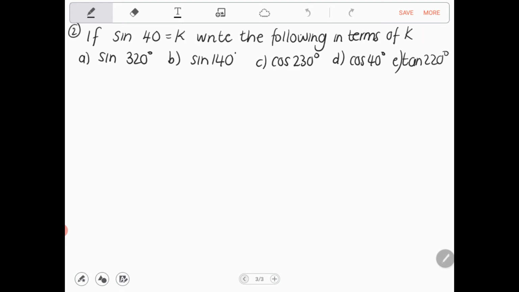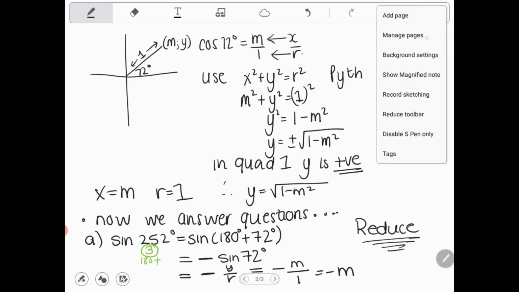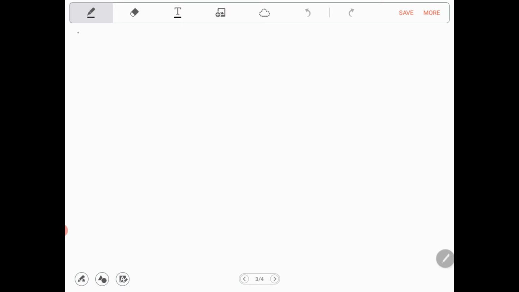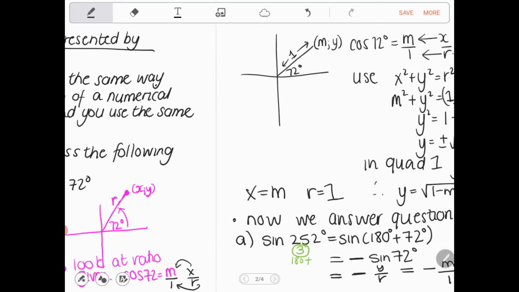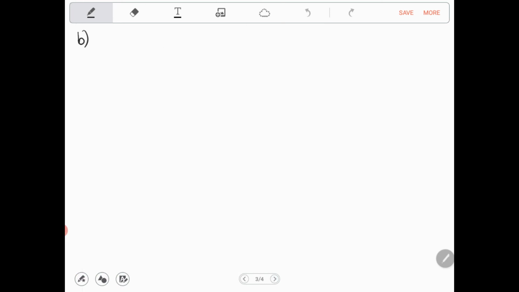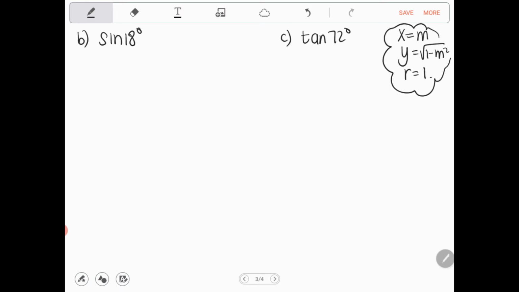Okay, just add a page here. Okay, B, let's do B and C so that we don't have to keep going backwards and forwards. Sine 18 and tan 72. Okay, and remember we said x was m, y is the square root of 1 minus m squared, and r was 1. Those are the things that we've worked out.